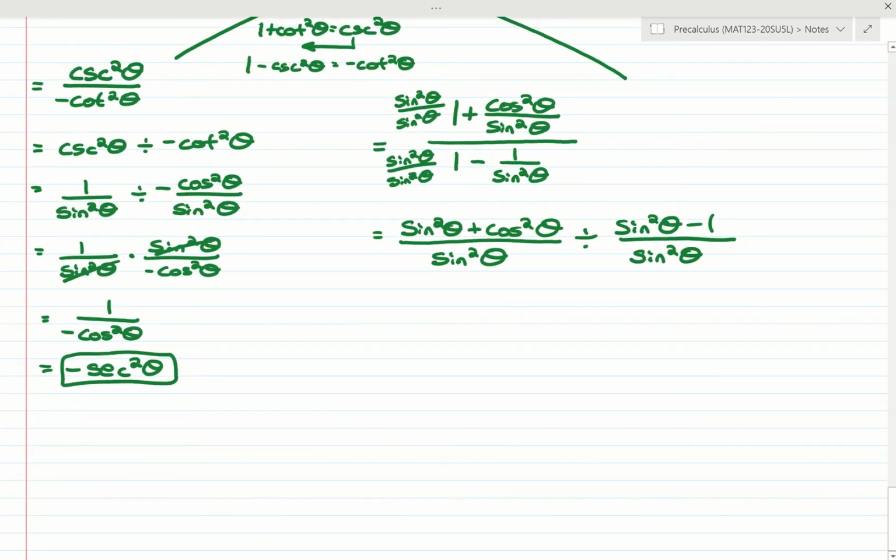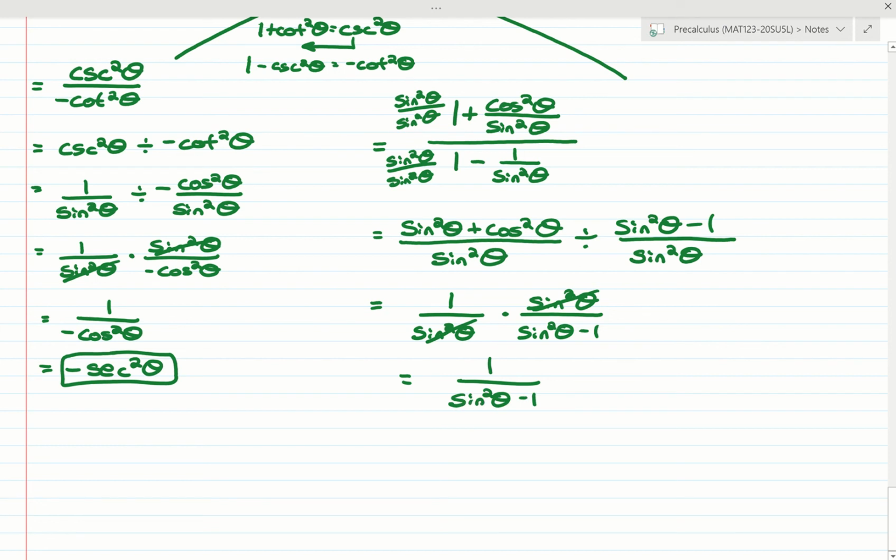Okay. What is sine squared plus cosine squared? That's a Pythagorean identity for just 1, right? So we have 1 over sine squared of theta times sine squared of theta over sine squared of theta minus 1. These cancel. We get 1 over sine squared of theta minus 1.